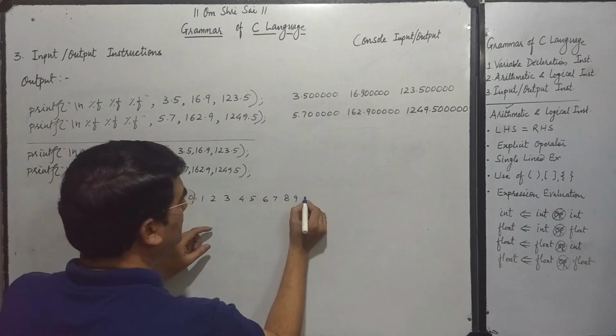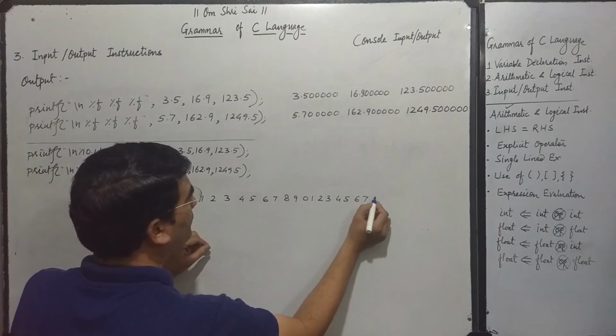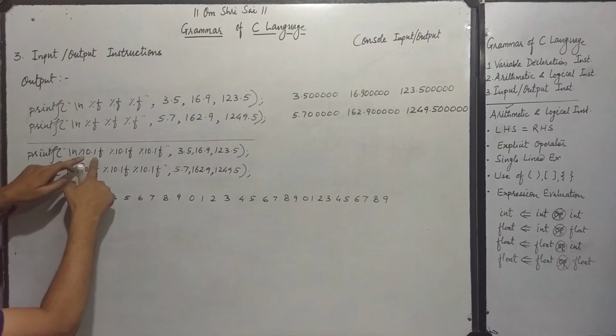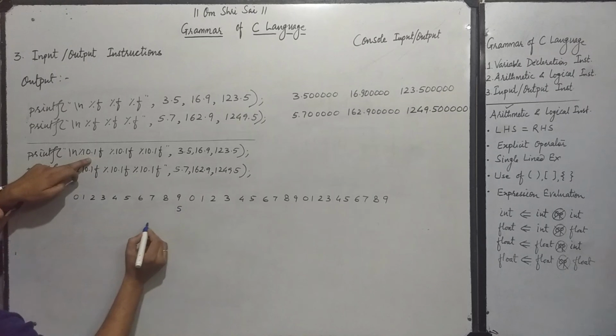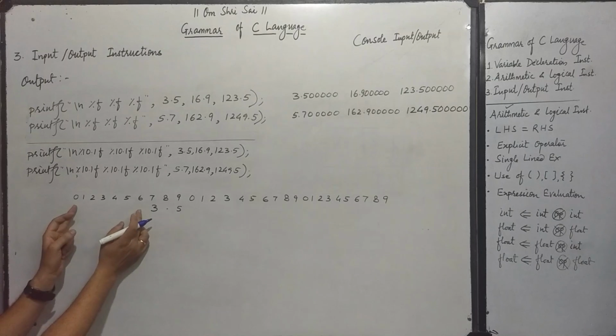Again 10 places. 0, 1, 2, 3, 4, 5, 6, 7, 8, and 9. Now start printing. 10.1f and 3.5. This 5 will be displayed over here, then point, and then 3. That is 3.5. All these locations will be empty.